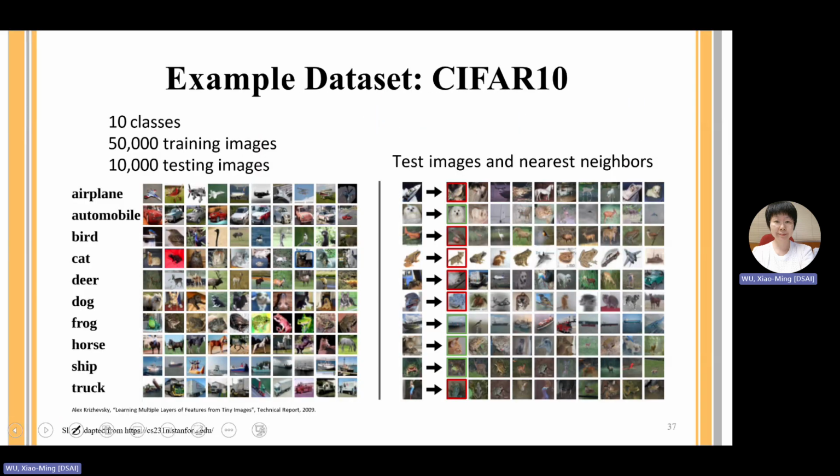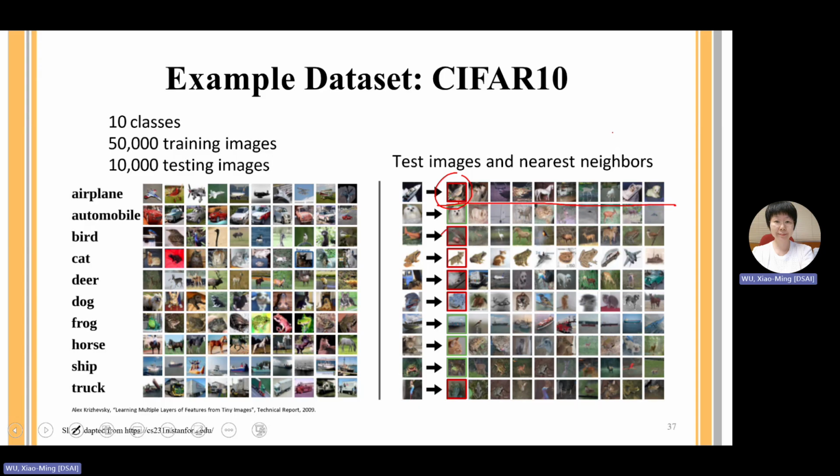Let's take a look at the results. These are the nearest neighbors ranked by their pixel distance.